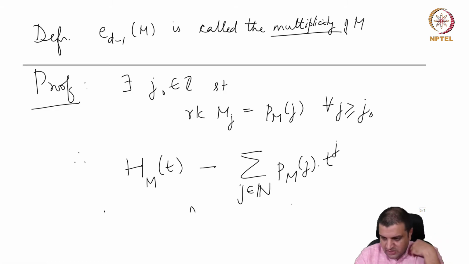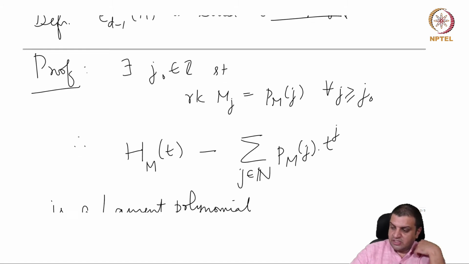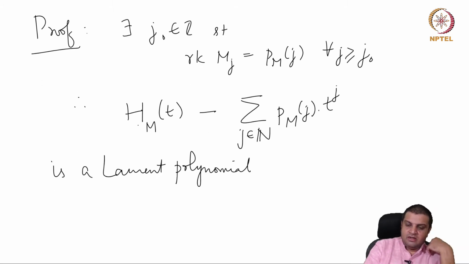So we want to restrict the right-hand side to the non-negative integers, and on the left-hand side we don't care. The point is that there might be some t to the minus exponents coming from this part, but eventually for j greater than or equal to j0, these will cancel each other. So this is a Laurent polynomial.